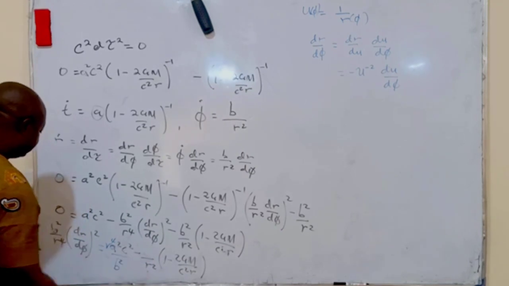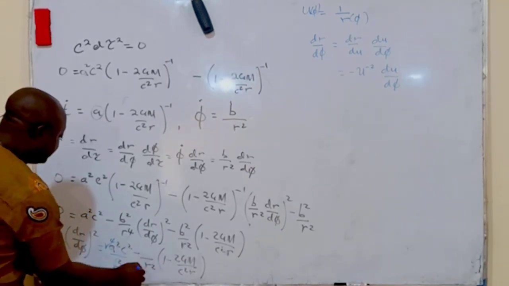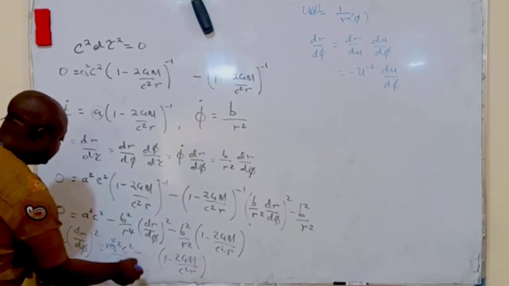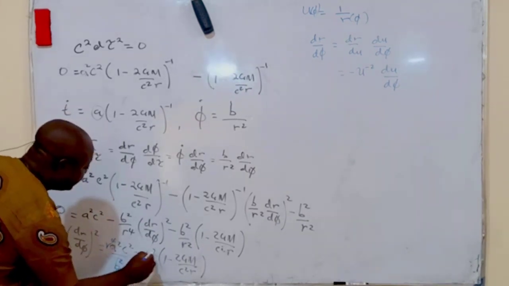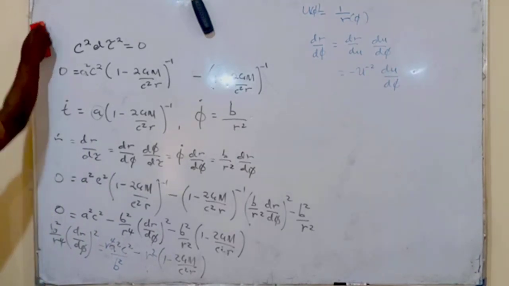And then we now have r squared here, so this will now leave from here.